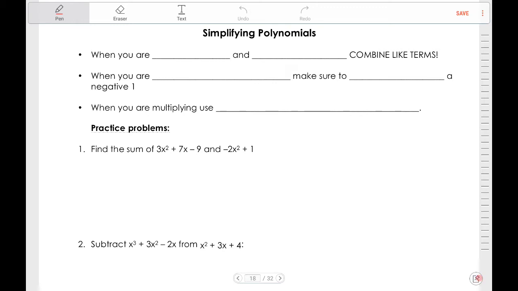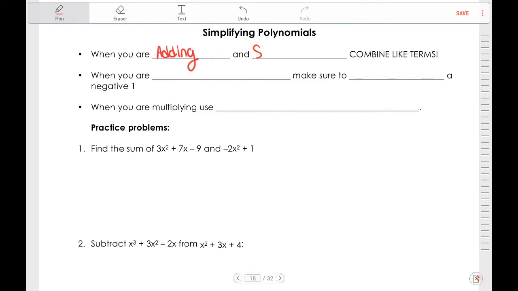Okay, so this video is on simplifying polynomials. Whenever you are adding and subtracting, combine like terms.